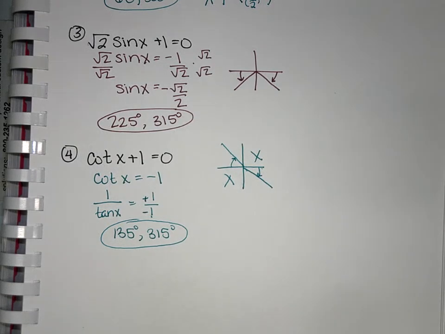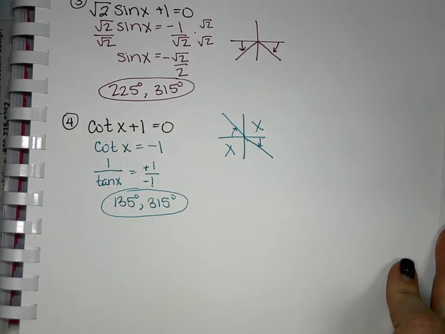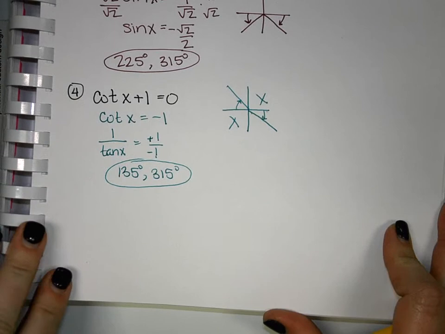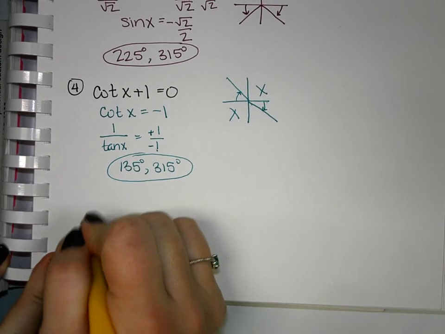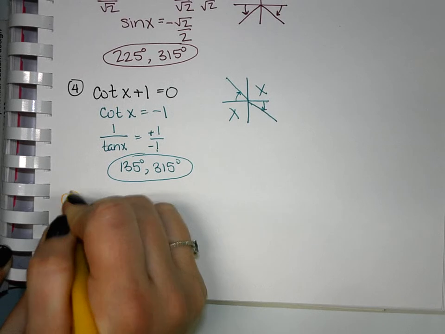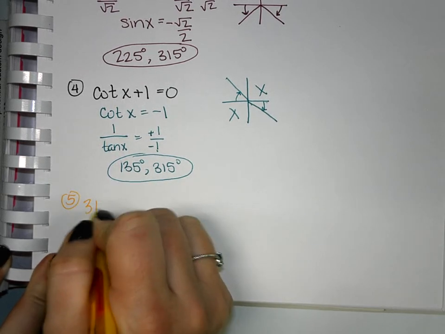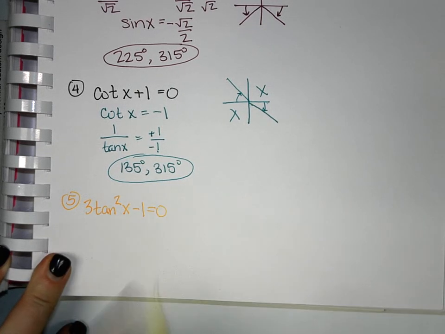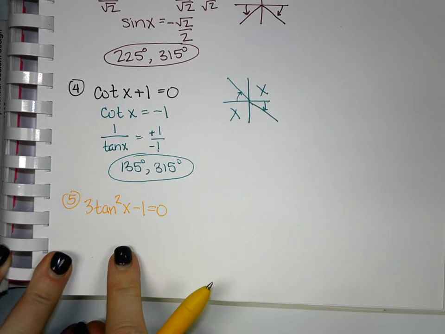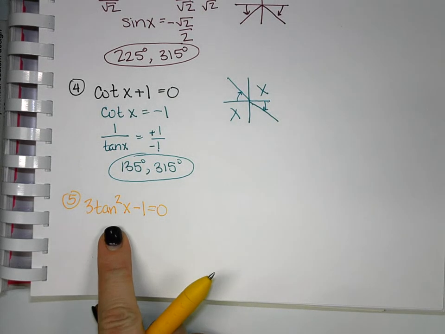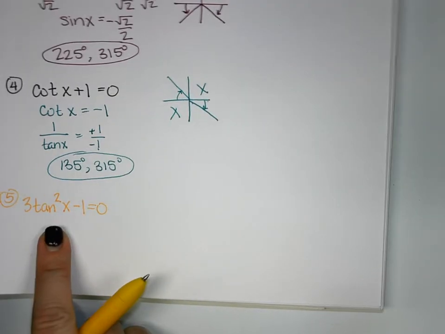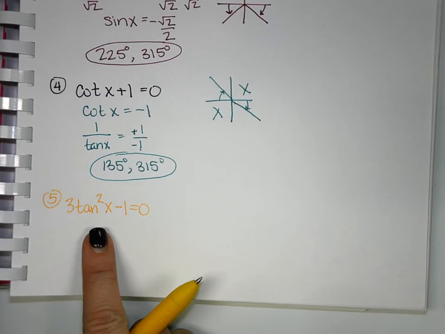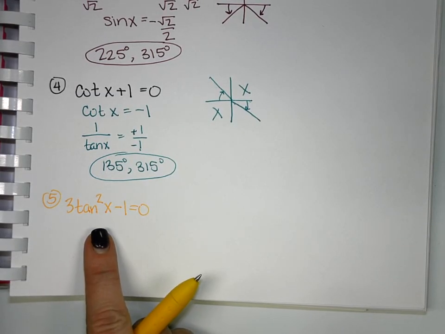Like I said, Monday in class, we're going to look at 3 more. To show you how they're a little different, we're going to do one that looks like 3 times tangent squared x minus 1 equals 0. When we have a squared, things change slightly, or rather there's a little extra step in how you solve it.